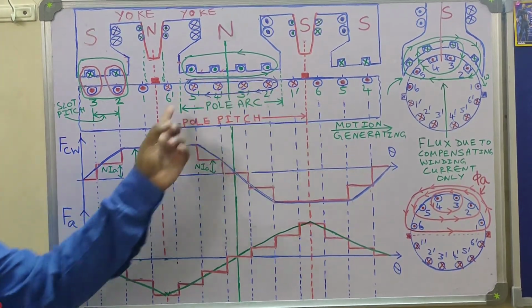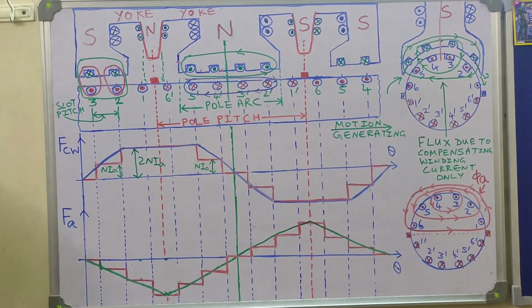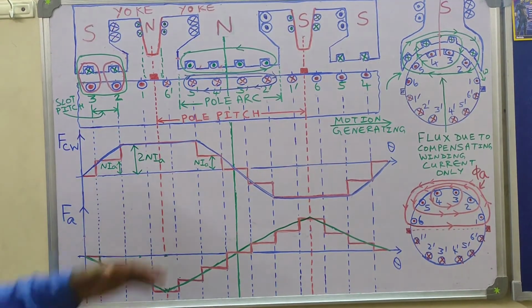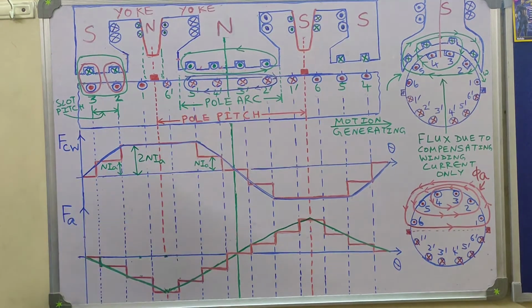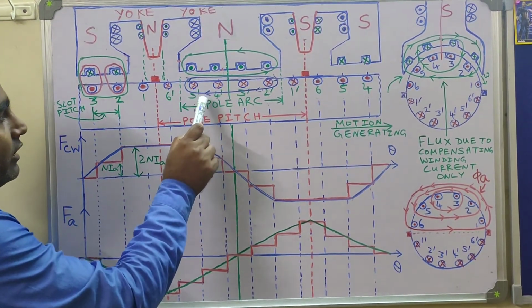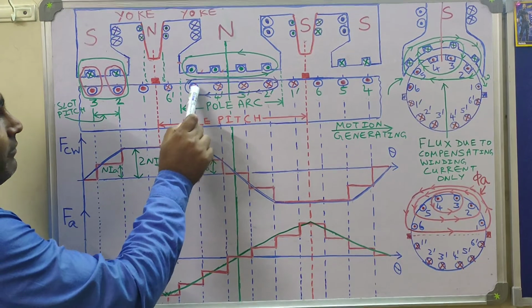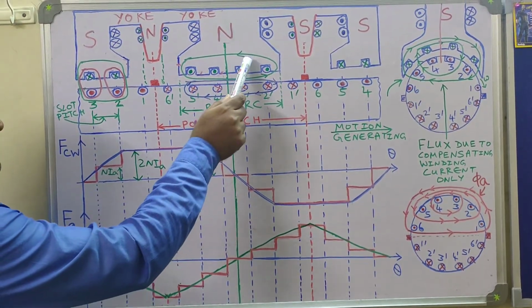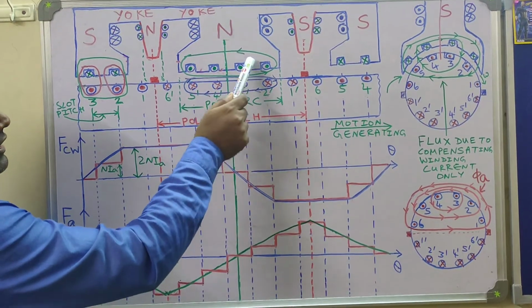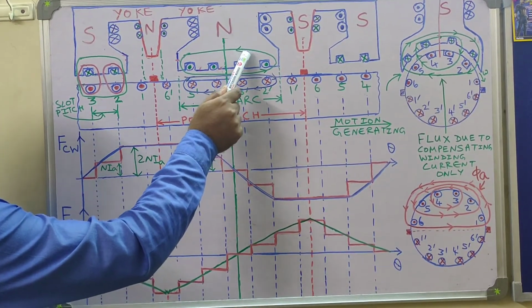So the leakage flux can exist but not otherwise. Leakage flux means the flux linking only the compensating winding or only the armature current. The flux which is linking only the armature conductors is armature leakage flux, and the flux which is linking only the compensating winding is the compensating winding leakage flux.